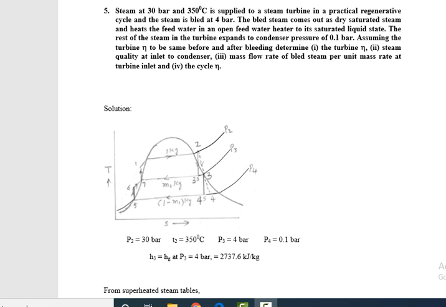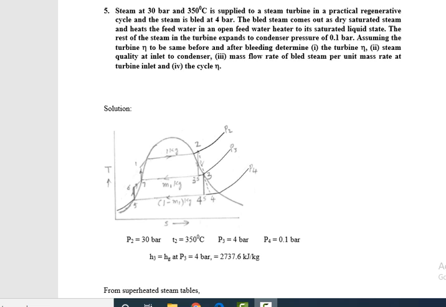A feed water heater is basically a heat exchanger, where heat is transferred from the steam to the feed water either by mixing the two streams, that is the open feed water heater, or without mixing them, that is the closed feed water heater.